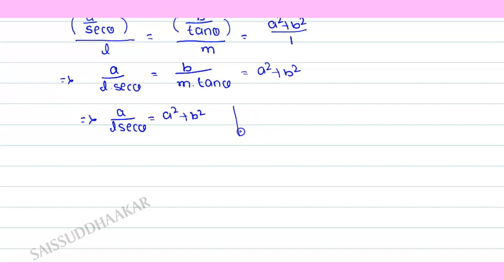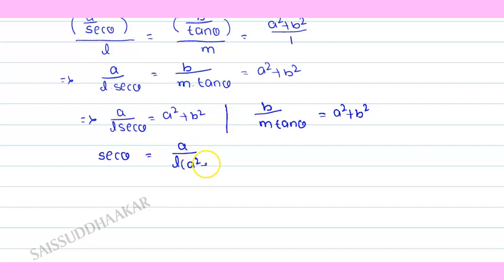At the same time, b/(m tan theta) = a² + b². So I am subjecting secant theta = a/(L(a² + b²)).